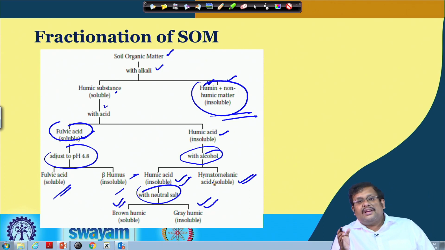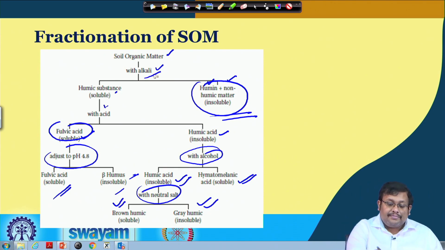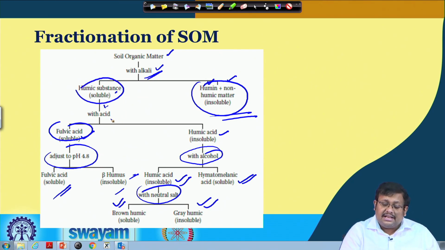Again, the soil organic matter fractionation starts with the alkali, either sodium hydroxide or sodium carbonate, and then it basically differentiates into the humic fraction, which is soluble, and the non-humic fraction as well as humin, which are insoluble. Humic substances will be treated with the acid. You know that humic acids are insoluble in acid, so they remain insoluble, and fulvic acid will be solubilized, and further we adjust the pH to get either soluble fulvic acid or insoluble beta humus.